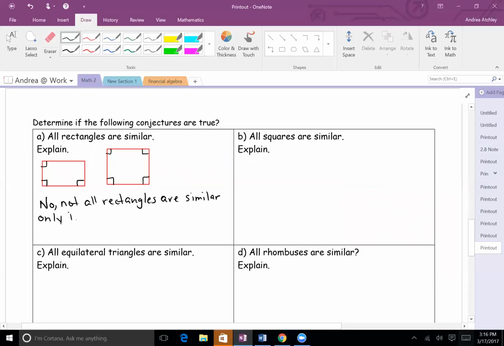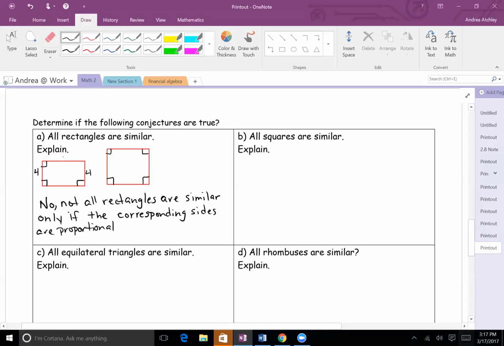Only if the corresponding sides are proportional. Because this could be like 4 here, this would be 4.